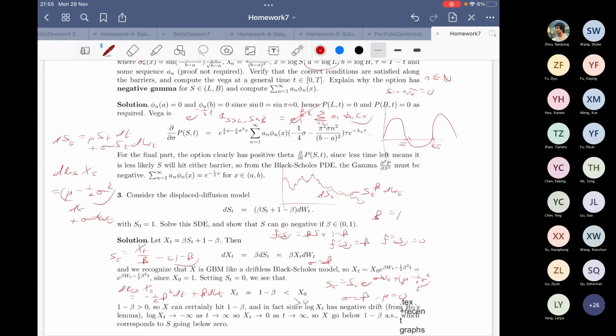Now, that's not a completely rigorous proof. I think in one of the homework questions we gave a nice proof that S_T tends to 0 in probability, by looking at the Black-Scholes formula for the price. Something tending to something in probability doesn't always imply that it tends to 0 almost surely, so I'd have to think about the nicest way to go from proving that S_T tends to 0 in probability.